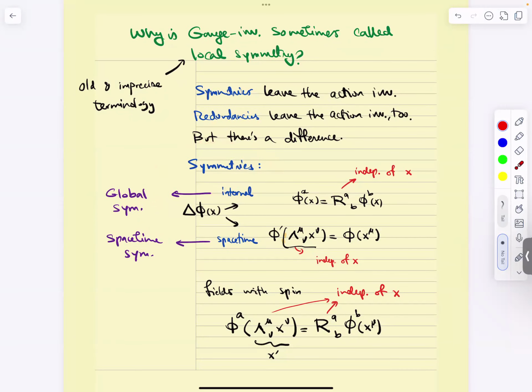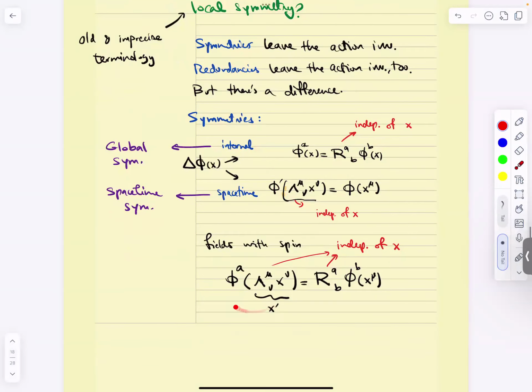In global symmetries, you could have space-time or internal symmetries, right? Under these, your field transforms this way or this way. And if you have fields with spin, they transform this way. For gauge theory, under gauge transformation, you could write all of these relations, but you have to be aware that these are completely unphysical. These are all made up because you insist on a local description.